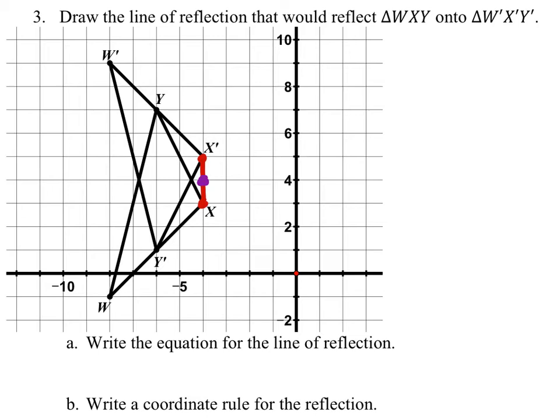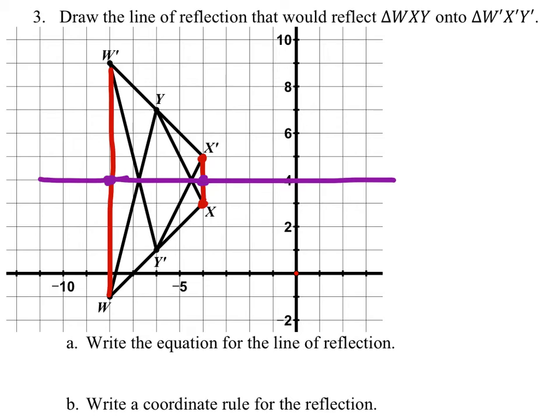But I've got to do it with 2 other points, so we can choose Y or W. I'm going to choose W. So from W to W prime, I got this straight vertical line. And the halfway point, because it looks like they're 10 away, so I'm just going to move up 5, 1, 2, 3, 4, 5, which gives me this point. And then once again, I just connect these two with the straight line, and that is the line of reflection.